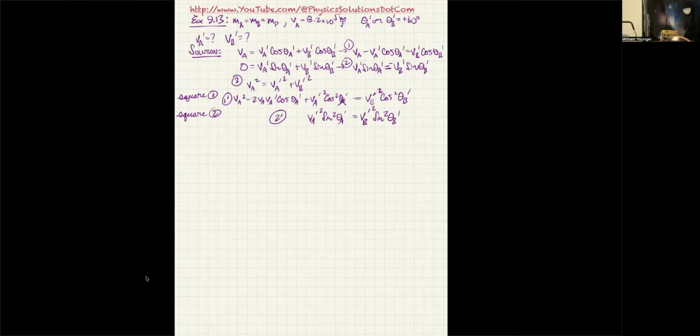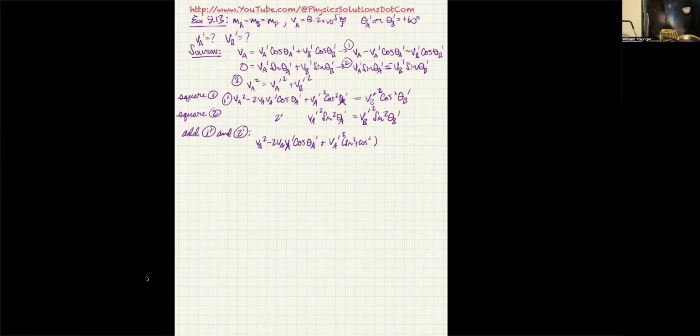Now, the reason I did that, you can probably see already. If I add equations 2 prime and 1 prime, what we get is this wonderful little thing where basically I have va squared minus 2 va va prime cosine theta A prime plus va prime squared times sine squared plus cosine squared.